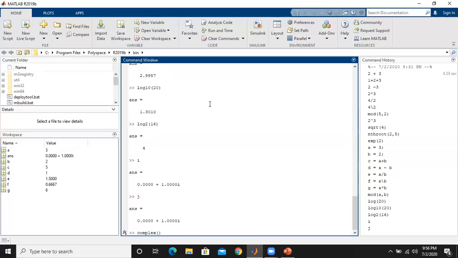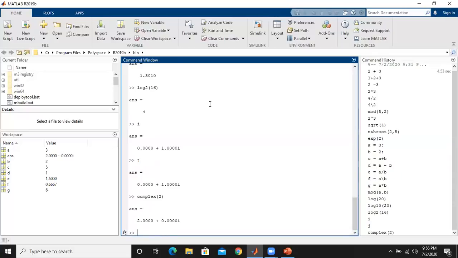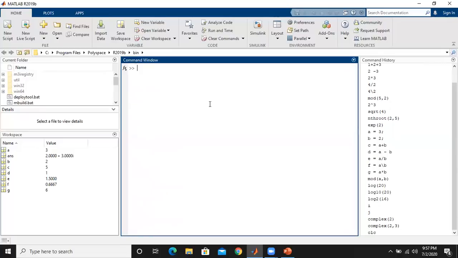For example, if I type complex 2, then I will get 2 plus 0i. That means it provides me the real part, then the imaginary part as 0. Then again, if I make complex of 2 comma 3, then here the real part is 2 and the imaginary part is 3i. Okay, let us clear the screen.